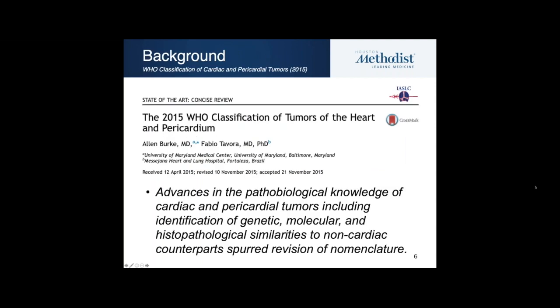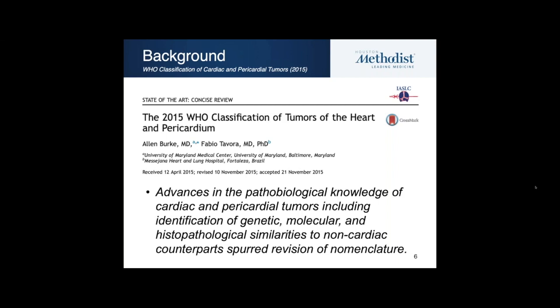So the background of this article really stems from the 2015 revision of the WHO classification of cardiac and pericardial tumors. So the advances in the pathobiological knowledge, specifically genetics and molecular and histopathology of these tumors, led to simplification, due to this understanding of the similarities of these cardiac tumors to their non-cardiac counterparts.